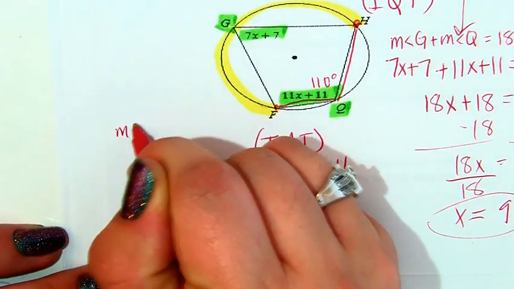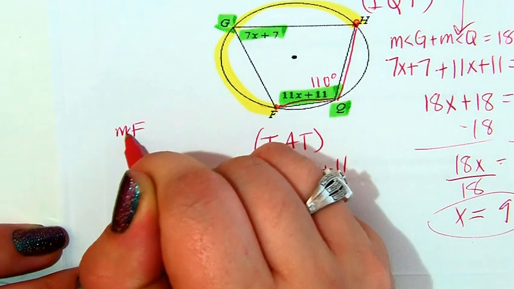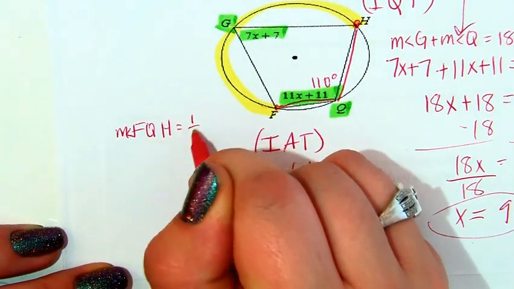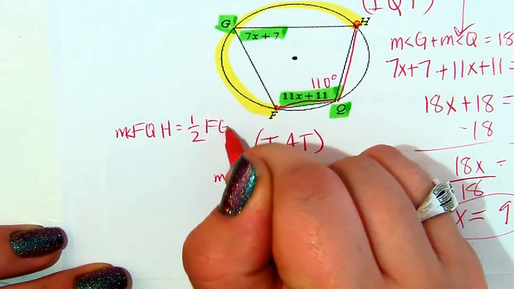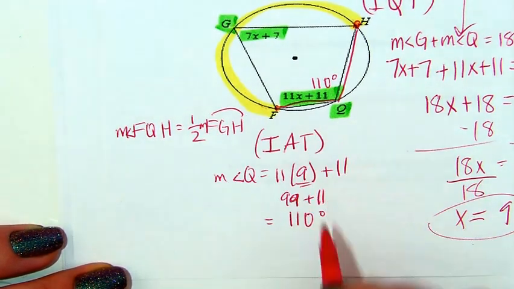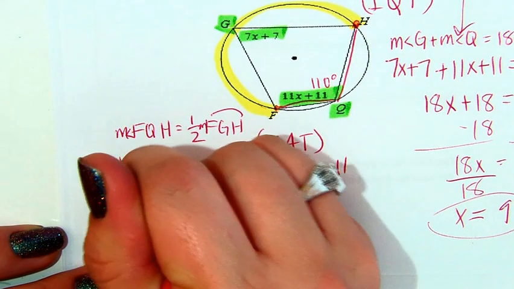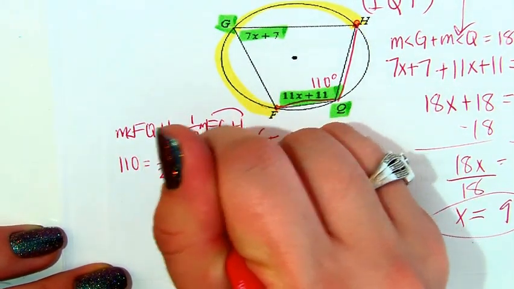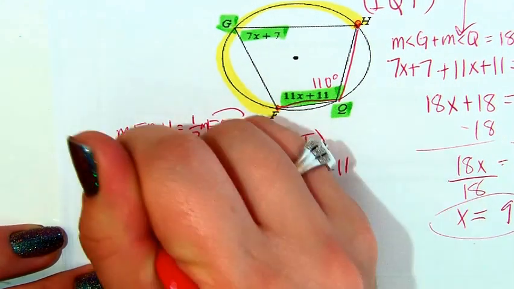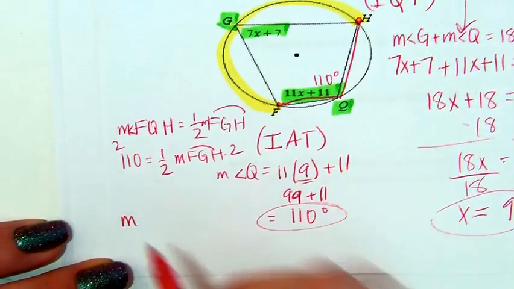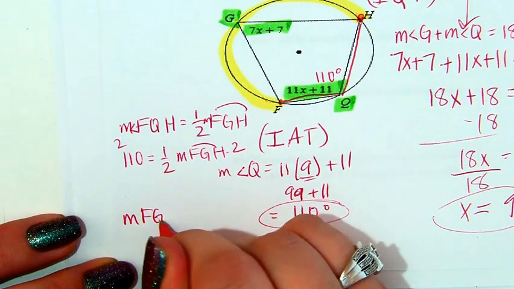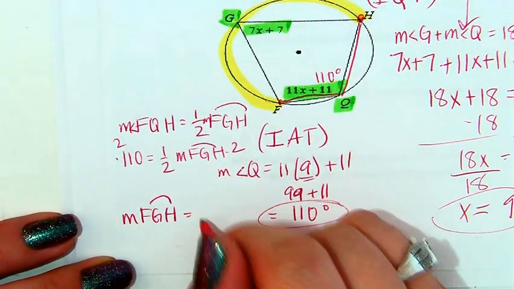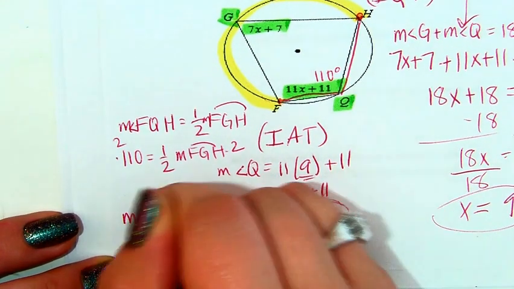The measure of angle FQH is going to equal half of the arc FGH. So I know that piece is 110. So half of the measure of FGH. If we multiply both sides by 2, we get the measure of FGH. That arc is 2 times 110, which is 220.